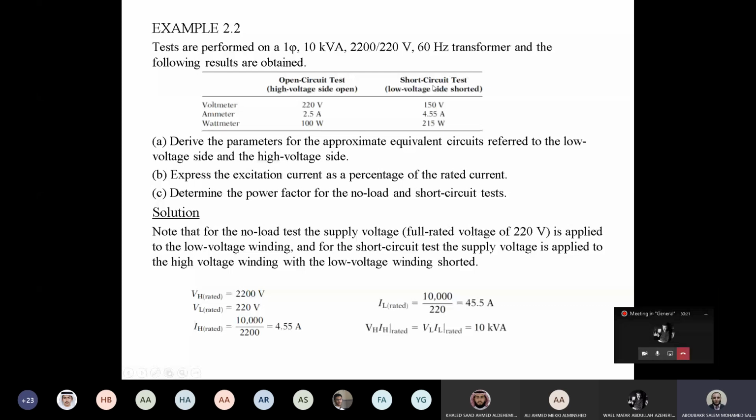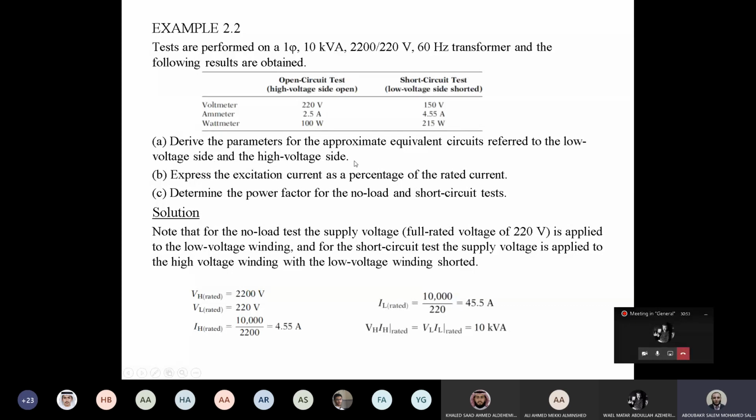So the high voltage side has the measurements where the voltage is 150. The current is 4.55 amps, which is the rated current, and 215 is the reading of the wattmeter at the short circuit test. Based on these values, the required here is to derive the parameters of the approximate equivalent circuit referred to the low voltage side and high voltage side.